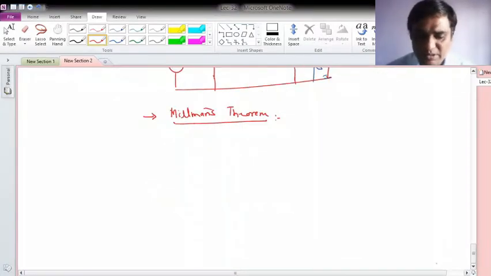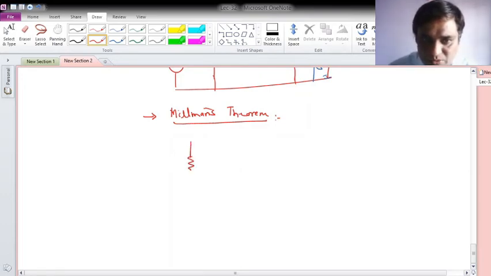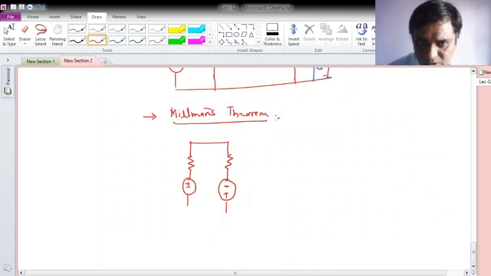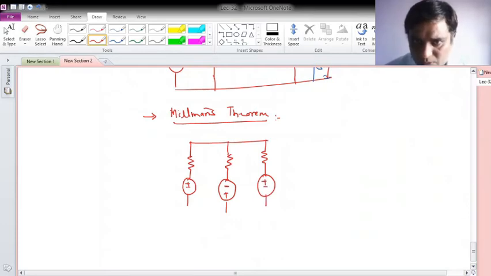So according to Millman's theorem, basically n Thevenin's equivalents in parallel form can be replaced by a single Thevenin's equivalent. Suppose I have the n Thevenin's equivalents here. One voltage source here, then in parallel, one more Thevenin's equivalent with this terminal, one more Thevenin's equivalent like this.